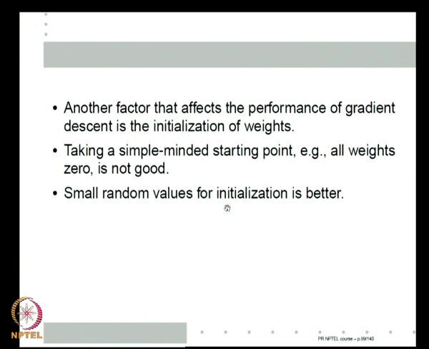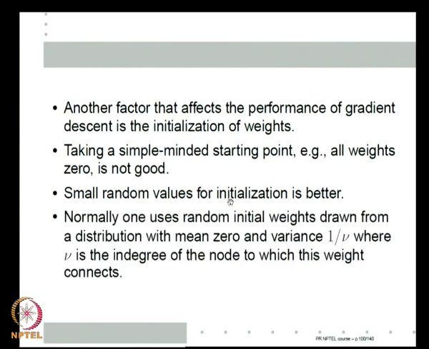So there is not much to say except that often small random values for initialization are better. Instead of all being the same, some initial random variation will allow the gradient descent search to be much more effective. Normally what one does is to choose the initial weights randomly from some distribution, where the distribution has 0 mean and variance 1 by nu, where nu is the in degree.